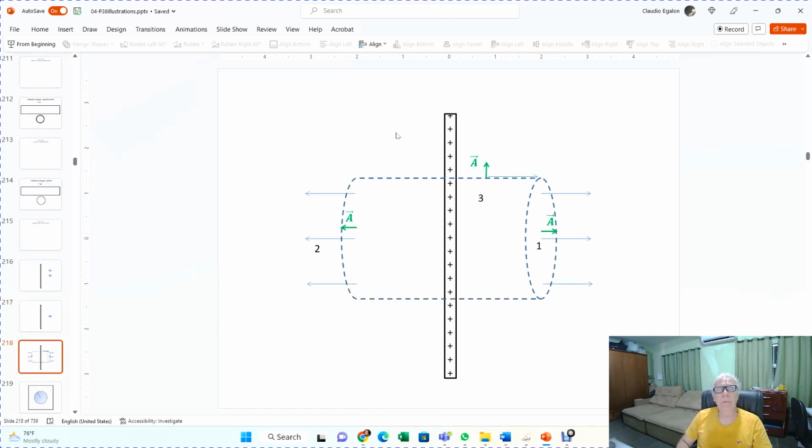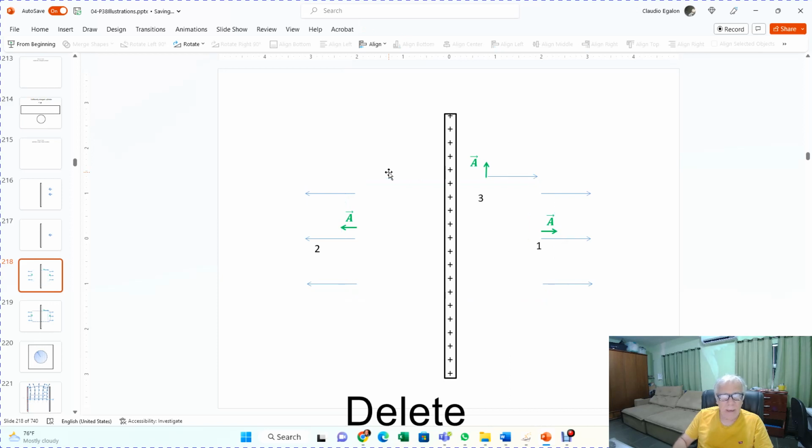So here's the illustration. I'm going to draw the illustration without the Gaussian cylindrical surface. That's what we should expect for the electric field.